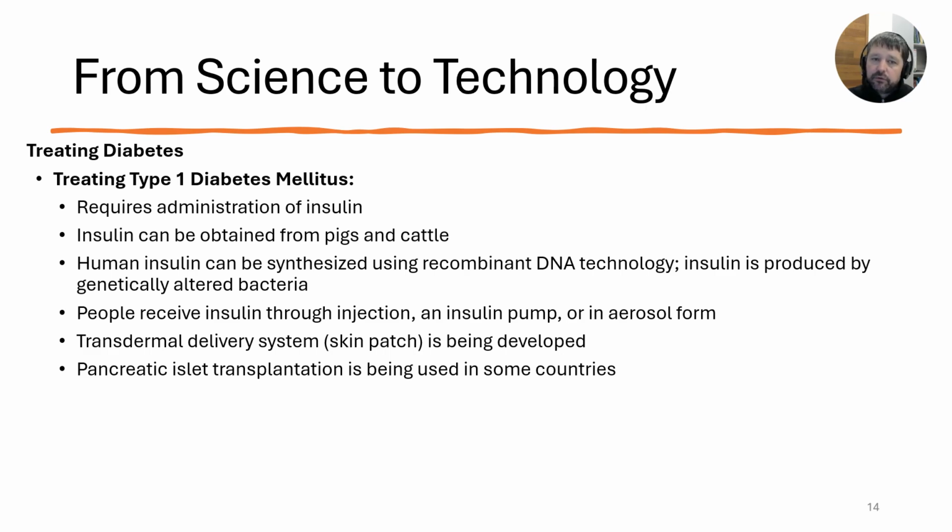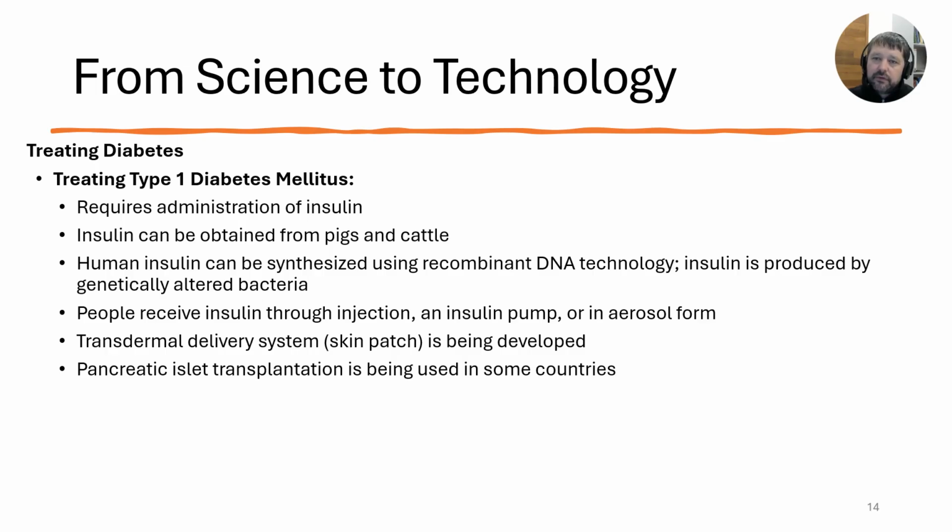Well, for a long time, we could get it from cows and pigs, and then you could just use it. Insulin's insulin for the most part. But now we've started to create insulin in the lab, and so you can use human insulin. You generate human insulin by using the genes, okay, that generate insulin, and just placing those genes in a bacterial genome, and then the bacteria will generate insulin in a lab, and then we can get insulin that is human insulin.